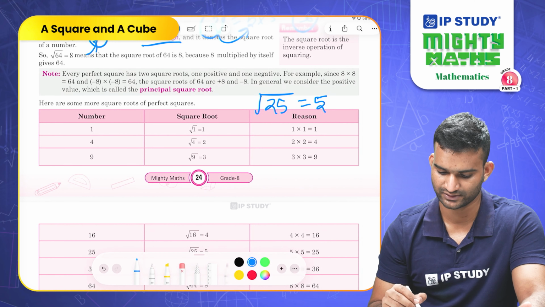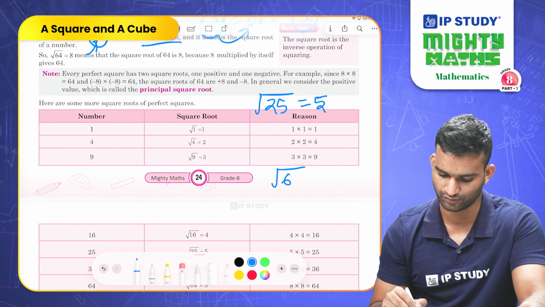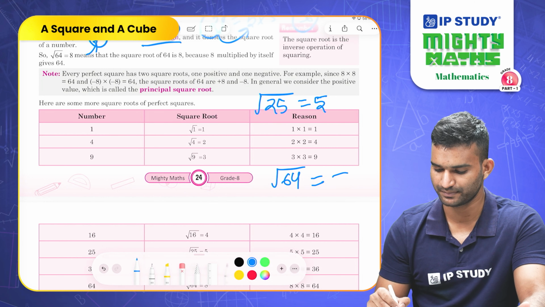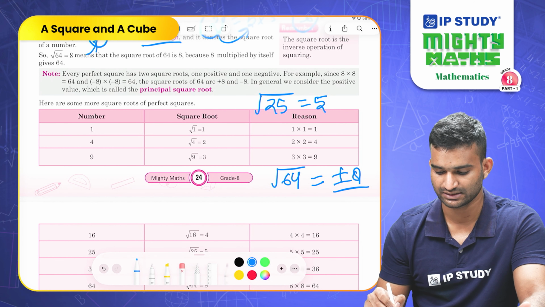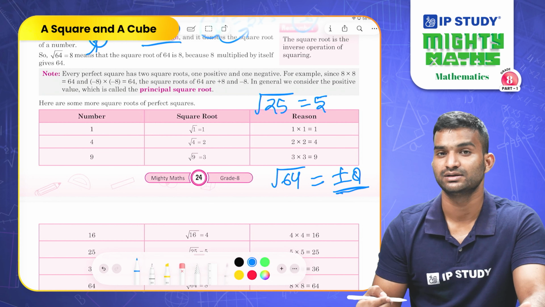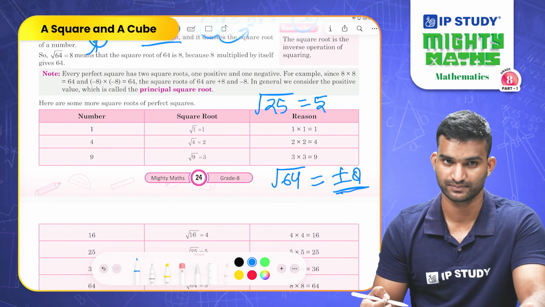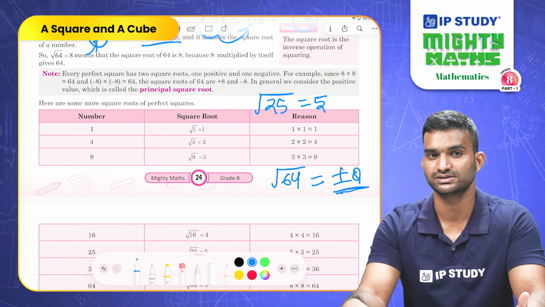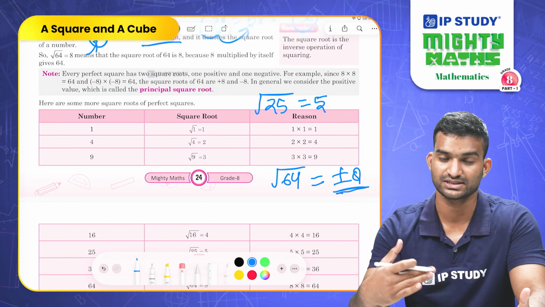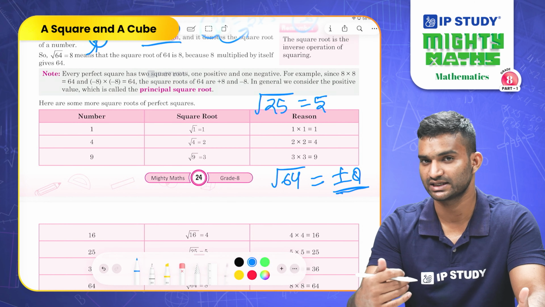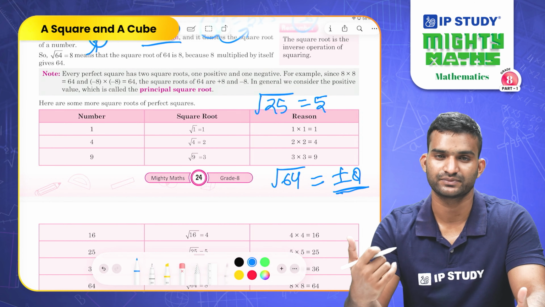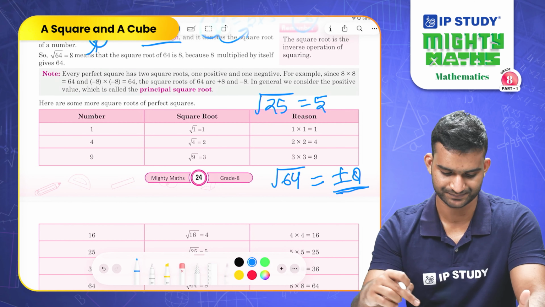For example, if we take a number like 64, the square root of 64 will be plus minus 8. What does it mean? It means the number can be positive 8 or negative 8. But in this grade, we'll be covering only positive numbers, which represent the principal square root. We are ignoring negative roots of the number. We'll study these negative roots in later grades.